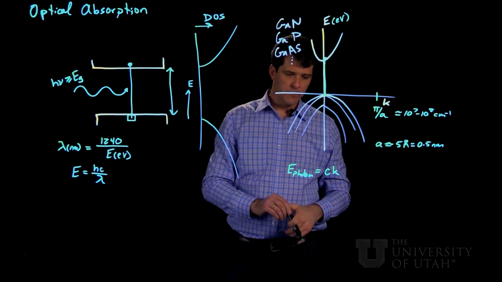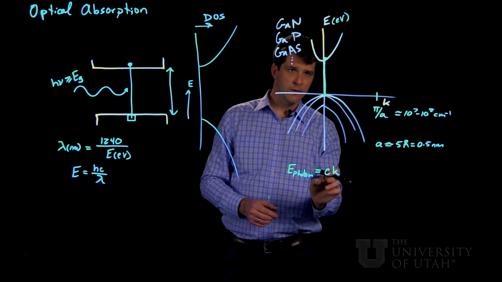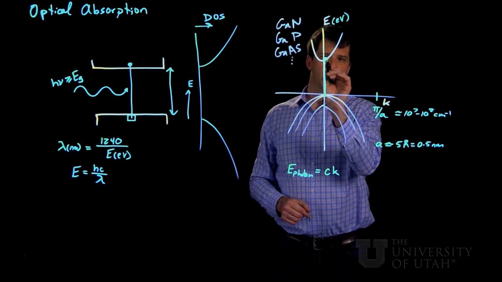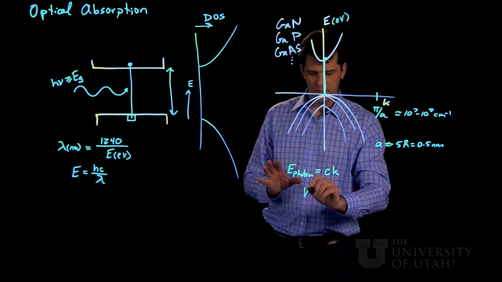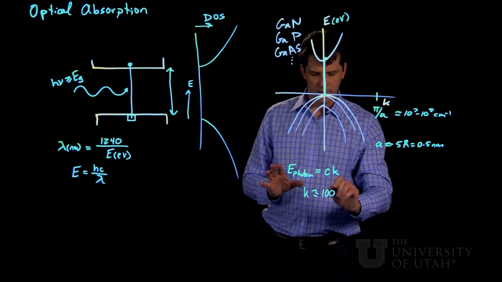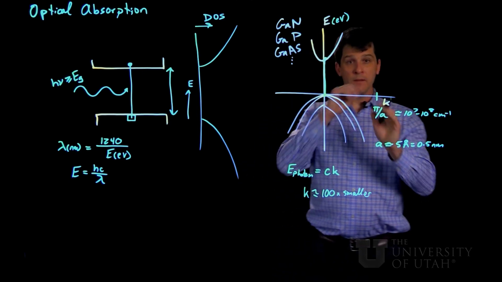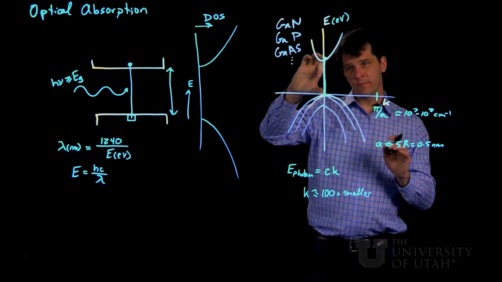And it turns out that the value of c makes the wave vector of a photon something like about 100 times smaller on these E-k diagrams. So photons can be envisioned as almost dead vertical transitions.